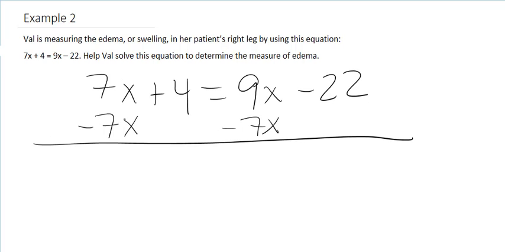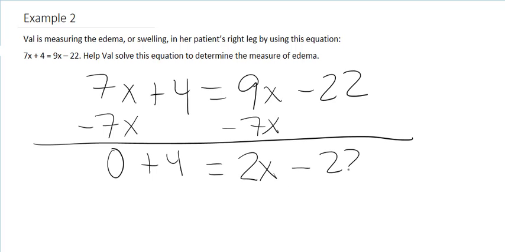That's 7x minus 7x is equal to 0. And now we have 9x minus 7x, which is equal to 2x minus 22. Now, to get x by itself, let us add 22 on both sides.